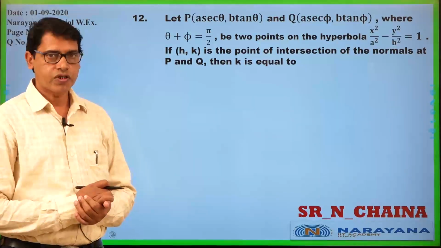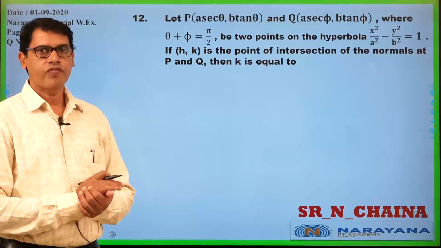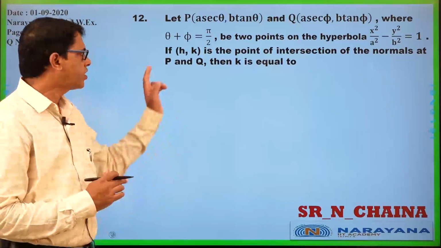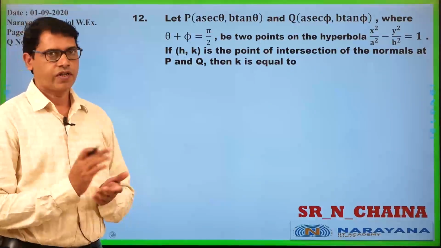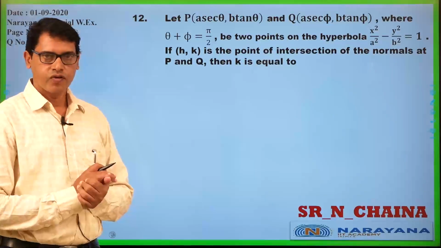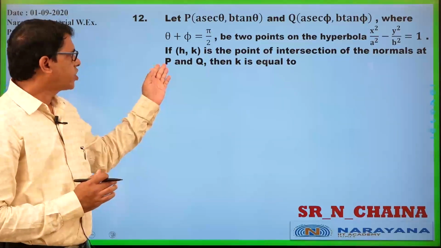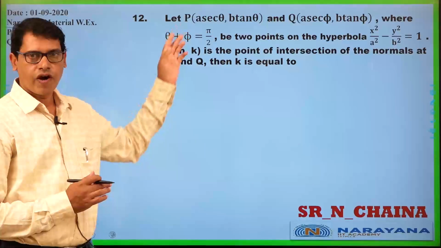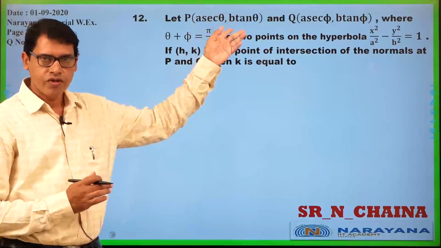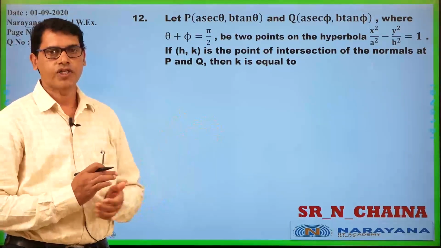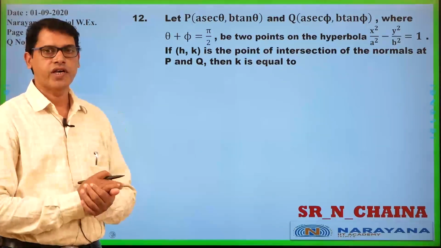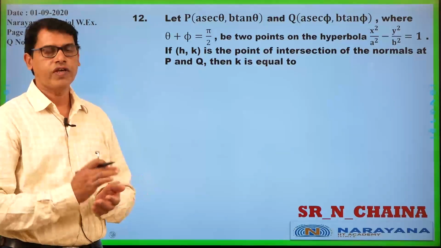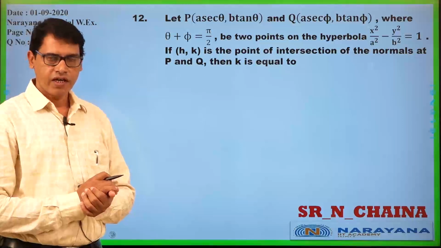So k is the ordinate of the point of intersection of the normals at P and Q. Very simple one. Find the equation of normal at P, find the equation of normal at Q. Given that they are passing through h comma k, substitute h comma k in both the equations. By solving we get the k value and h value.